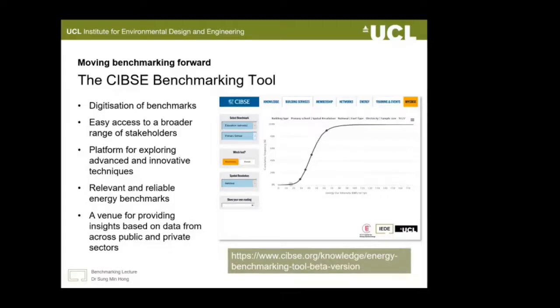We're also foreseeing and hoping to use this tool or platform as a venue for sharing data from the public and private sectors with users, as well as exchanging knowledge between the users themselves.